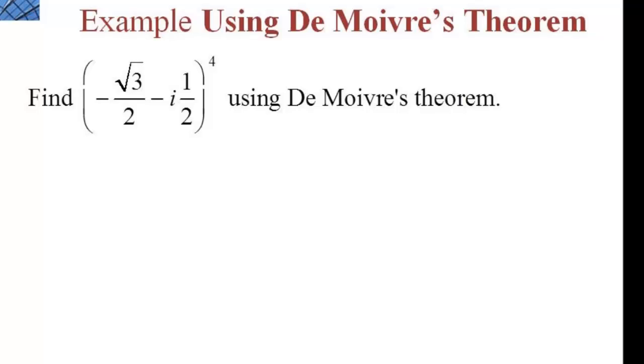We're going to find negative the square root of 3 over 2 minus i 1 half raised to the fourth using DeMoivre's theorem. The problem is this is not in trigonometric form. DeMoivre's theorem came from trigonometric form, so the first thing we have to do is to put this into trig form.